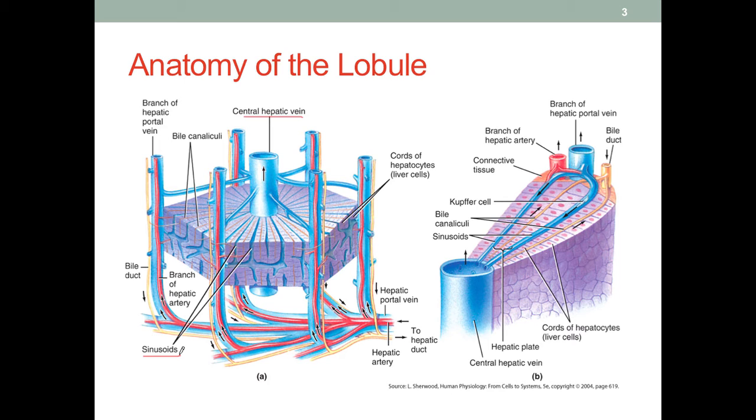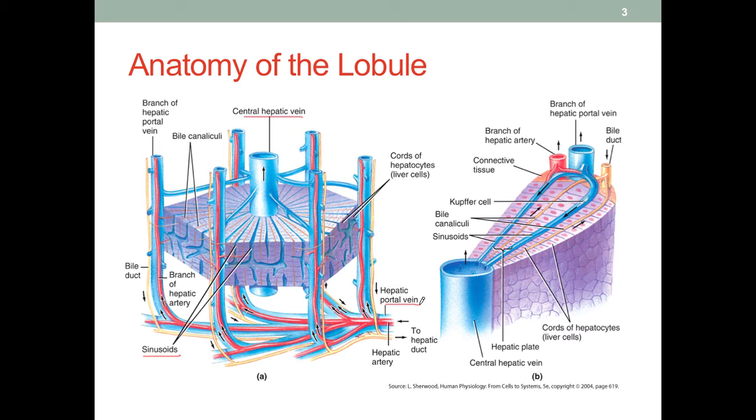Also in this system, we have the hepatic portal vein. So we see that over here. Again, this is the blood vein that collects blood from the intestines.